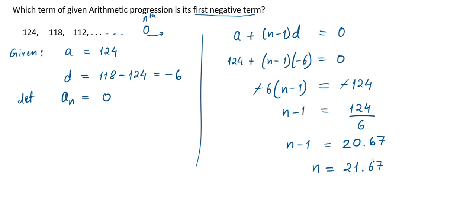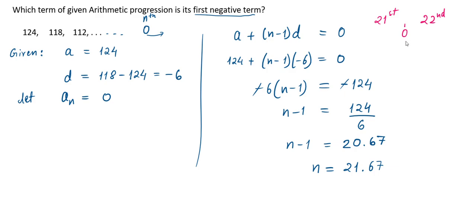And why can I say that? Because we know that in a sequence, the number of terms is always a whole number. So we found 0 between the 21st and the 22nd term, somewhere in between them.